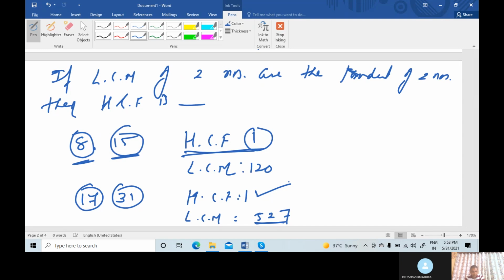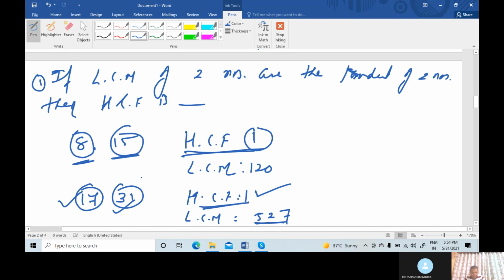The second MCQ: if P1 and P2 are prime numbers, then HCF is blank. When we select two prime numbers, HCF is always 1 and LCM is always the product of the two numbers.